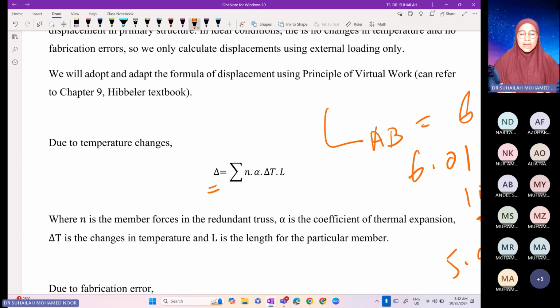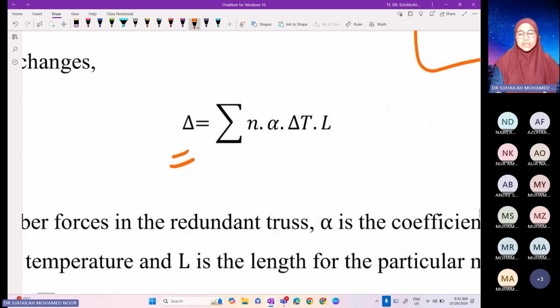Okay, so ni adalah formula displacement whenever we need to consider temperature changes. For temperature changes, you just need to remember this alpha delta TL. Alpha ni adalah coefficient of thermal expansion yang mana kita kena include dalam formula ni untuk neutralkan the degree Celsius.